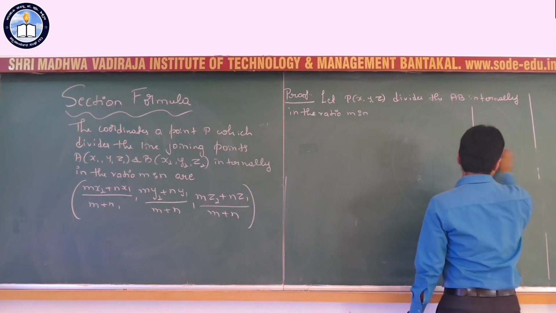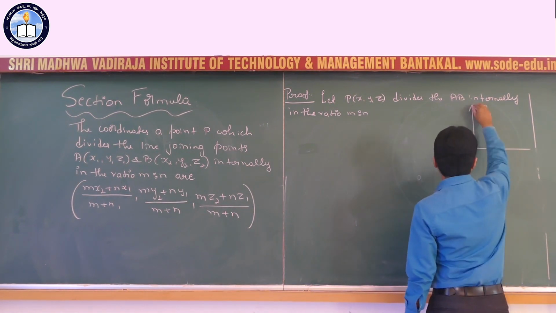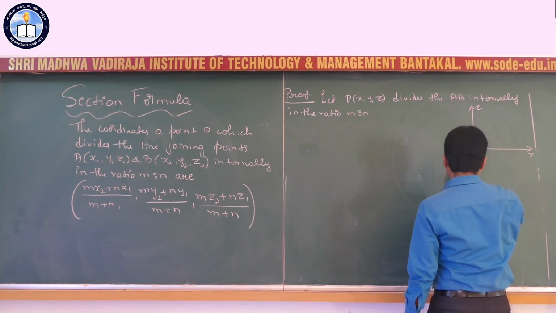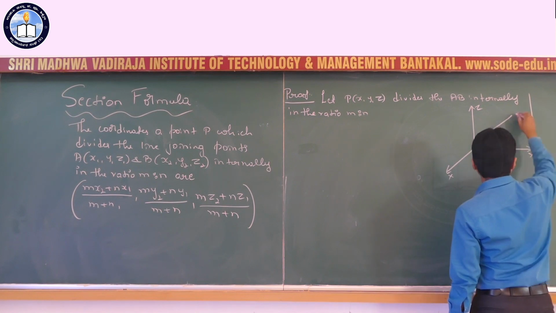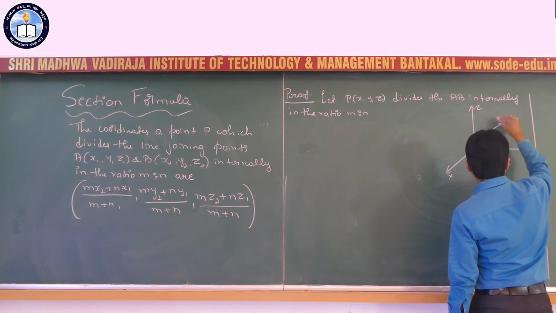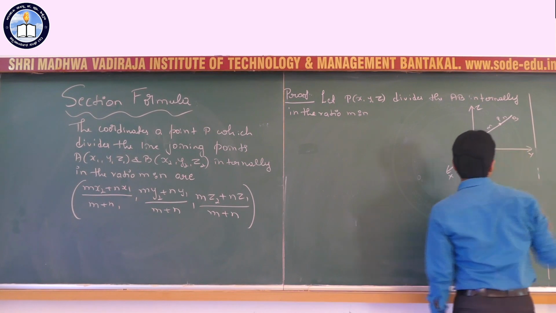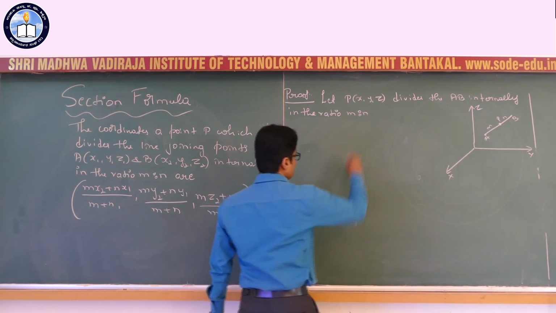Observe carefully. Z axis, y axis, x axis. Let me take 2 points A, B and the point P which divides in the ratio m:n. Some simple constructions are there.